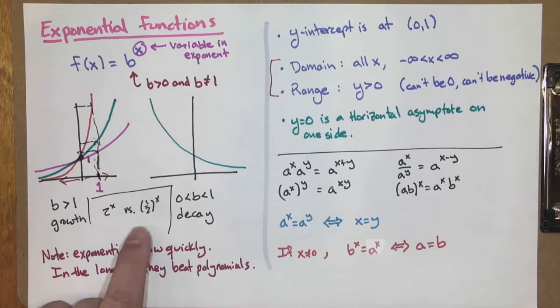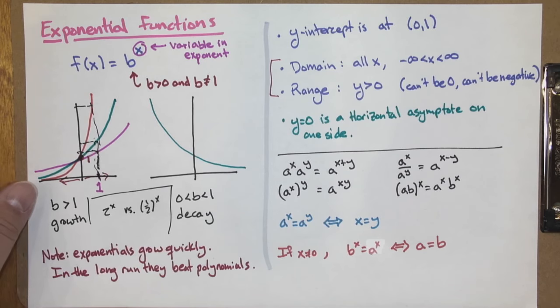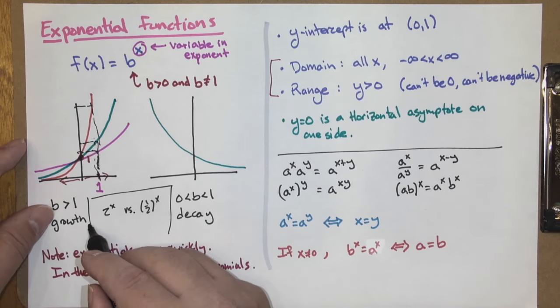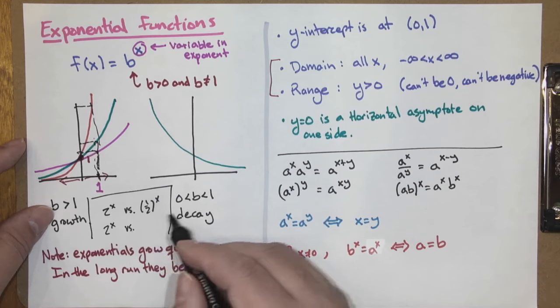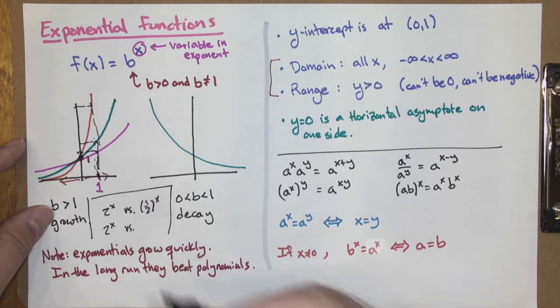What's another way to write 1/2 to the power x? Of course, this is a very open-ended question because there are several ways you could rewrite it. I claim 1/2 you can think of as 2 to the minus 1.